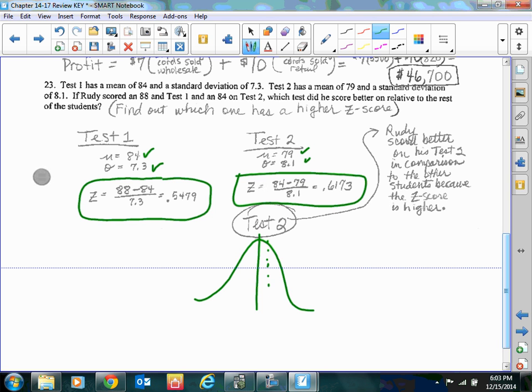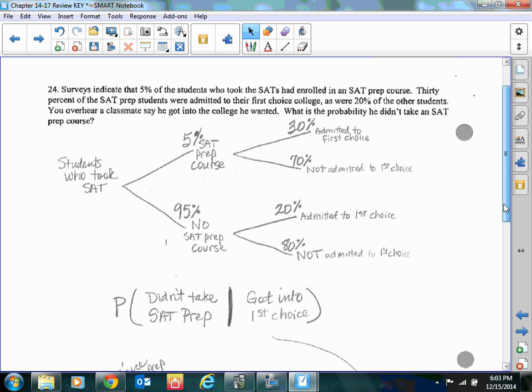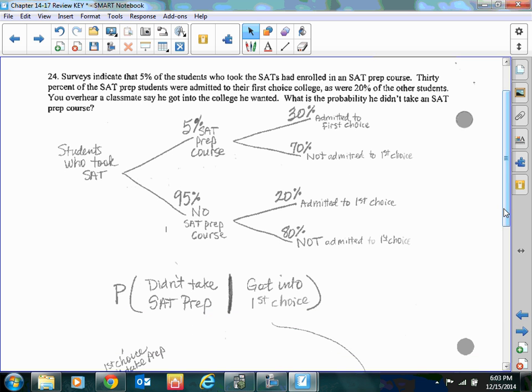So this guy was 0.554, half of a standard deviation up for test 1, and higher up, 0.6173 standard deviations up for the second test. So on test 2 he did better because it was more standard deviations higher. A z-score is how many standard deviations you were up. You were 60% of a standard deviation up versus 54% of a standard deviation up. All right.